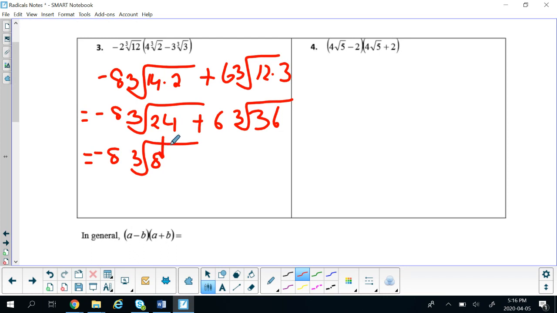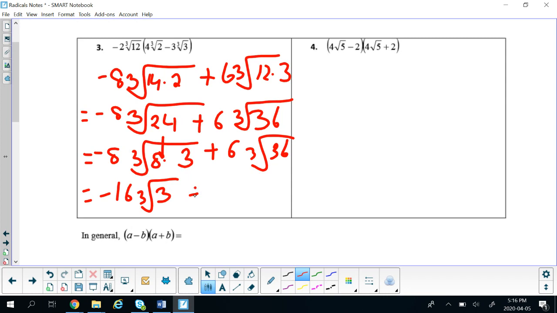So 24 can be written as 8 times 3 plus 6 cube root of 36. Cube root of 8, we know it is 2. So negative 8 times 2 becomes negative 16. Cube root of 3 plus 6 cube root of 36. So this is your answer.